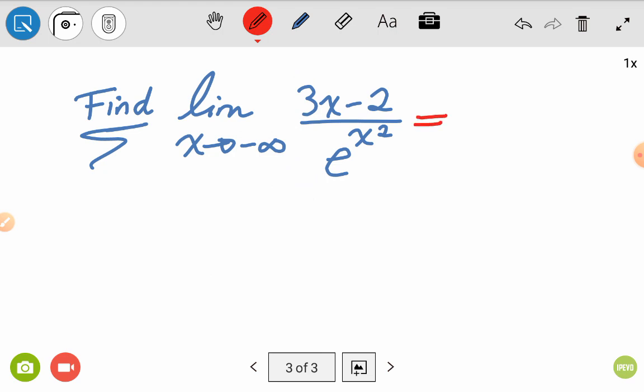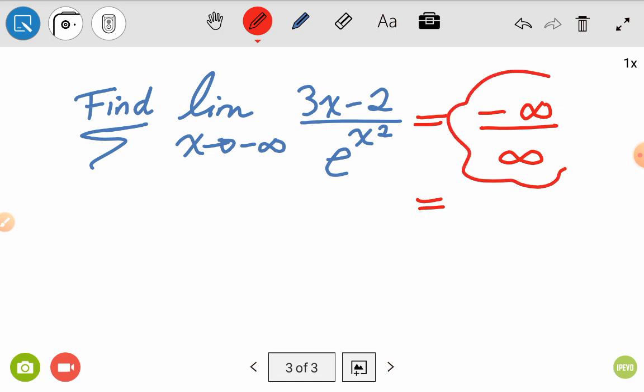Negative infinity for x: multiplying 3 by negative infinity gives a negative big number, minus 2 is still negative infinity, over e to the power of negative infinity squared. E to the power of negative infinity squared gives e to the power of infinity, which is a very, very large number. Dividing negative infinity by positive infinity is also what? Indeterminate form. So what should we do here?